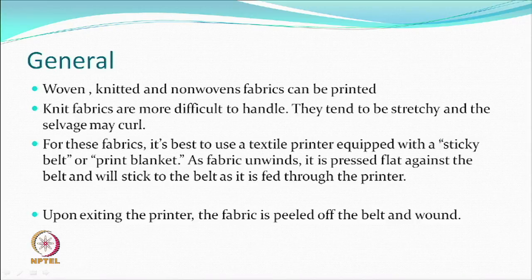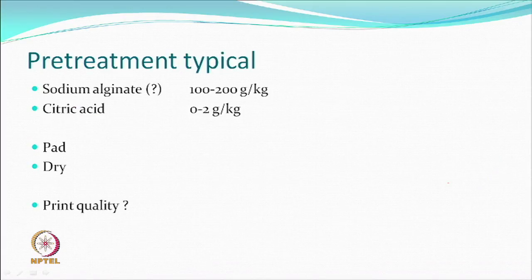Knitted fabrics invariably have stretchability, and so one has to take extra care while printing. One of the cares is that you have a sticky surface, you paste the fabric on a blanket or a belt before printing, and after printing you peel it off from the belt and wind it. A typical pretreatment may be some thickening agent, could be sodium alginate, does not have to be, but the thing is that sodium alginate is a hydrophilic material obviously.